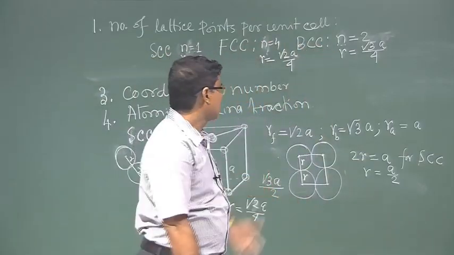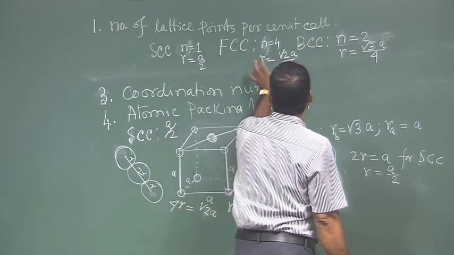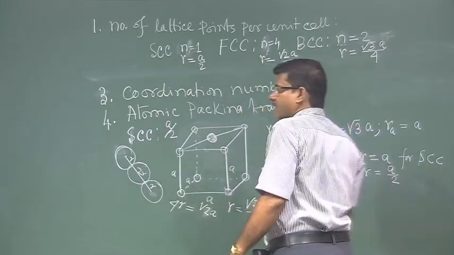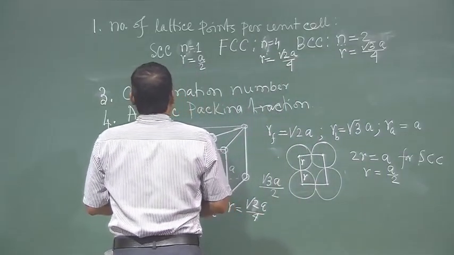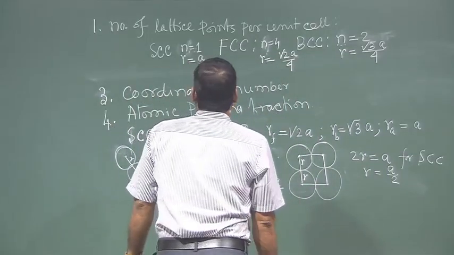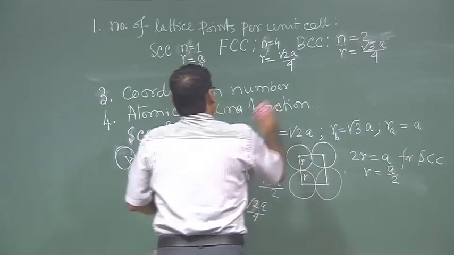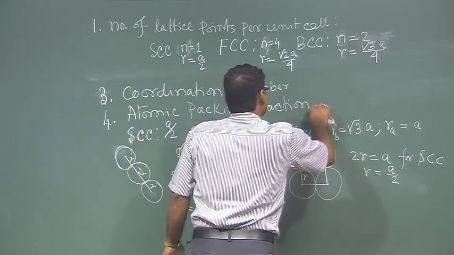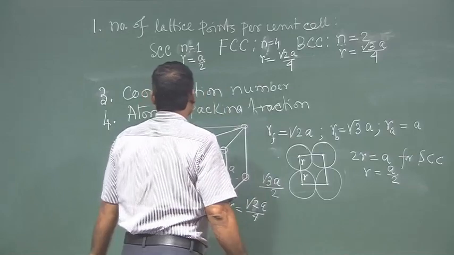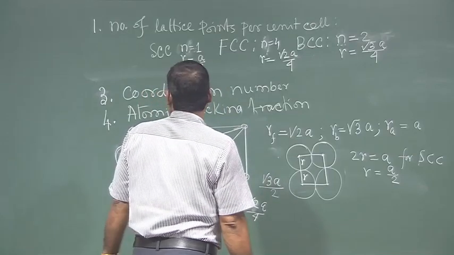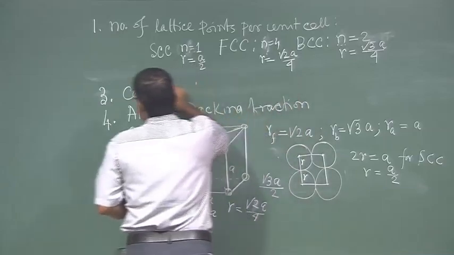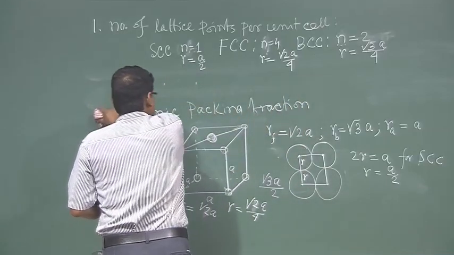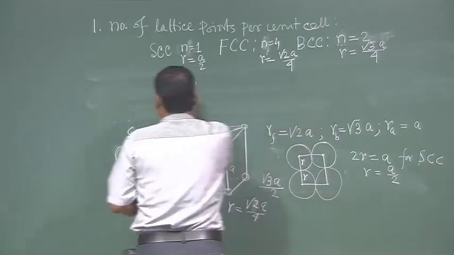So, the radius of the atoms will be different. And now, if I know the radius, I can calculate the atomic packing fraction first.